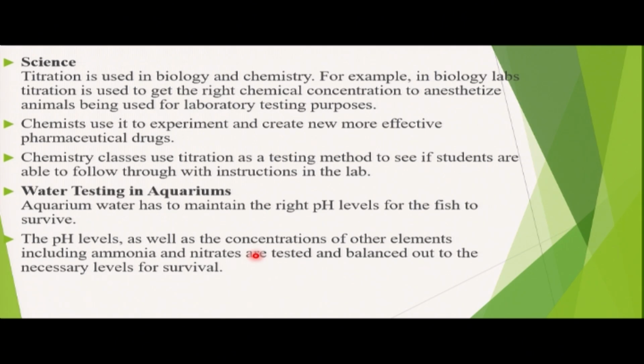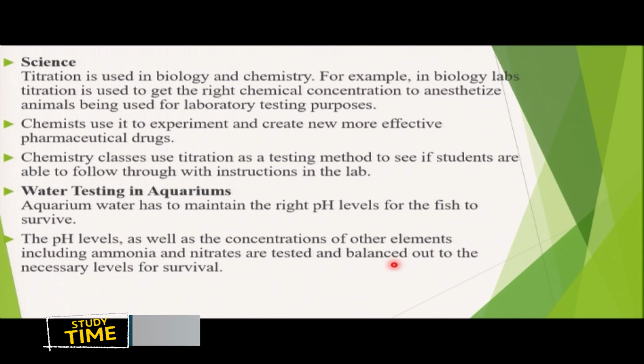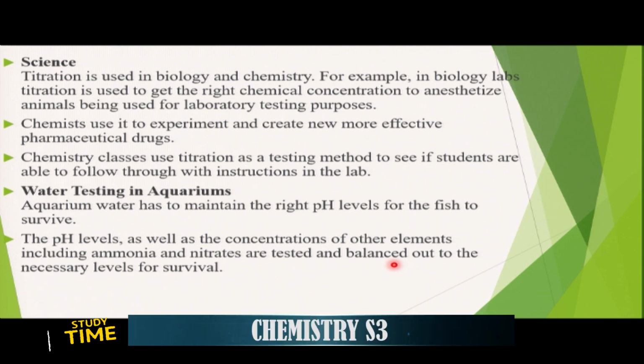pH levels, as well as concentration of other elements, ammonia, nitrates, are balanced out for their survival, because the food that is put in there may contain nitrates. So the amount of nitrates within those aquariums can be determined by titration reactions.